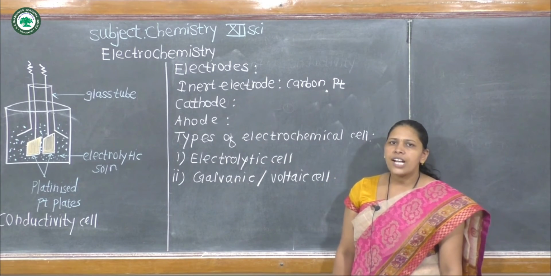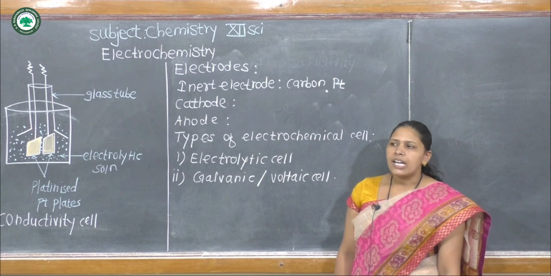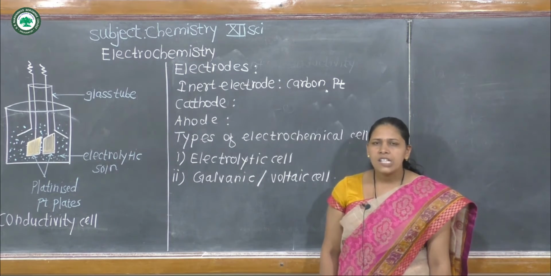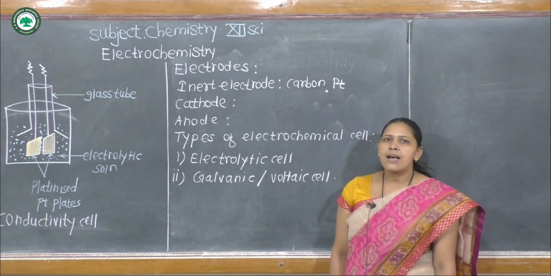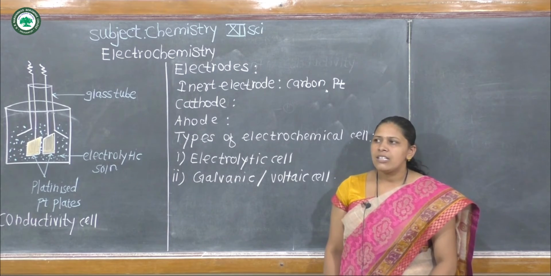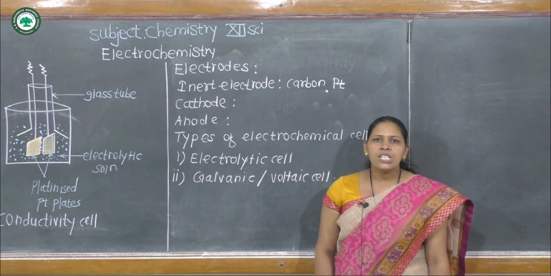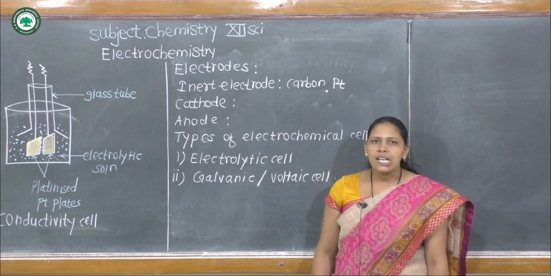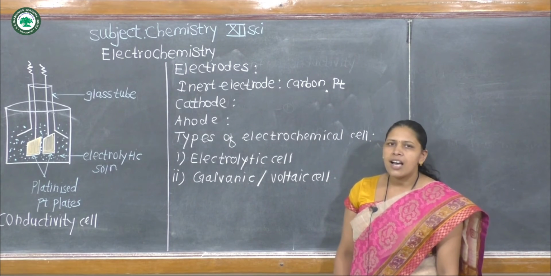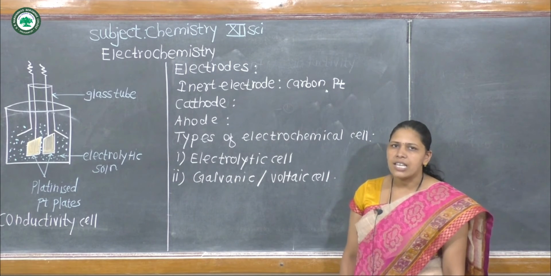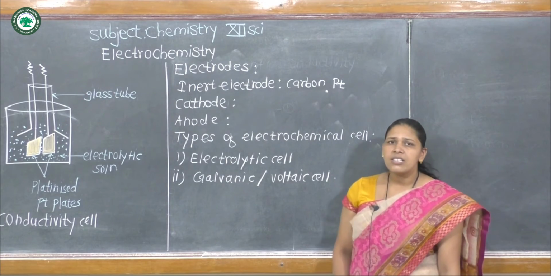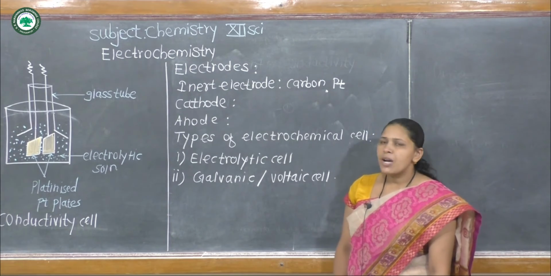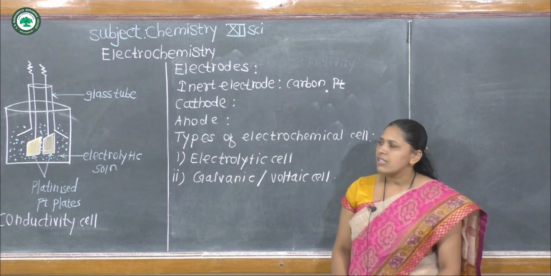Oxidation occurs at the positive electrode and reduction occurs at the negative electrode. Examples of electrolytic cells are cells used in electroplating and electrorefining.